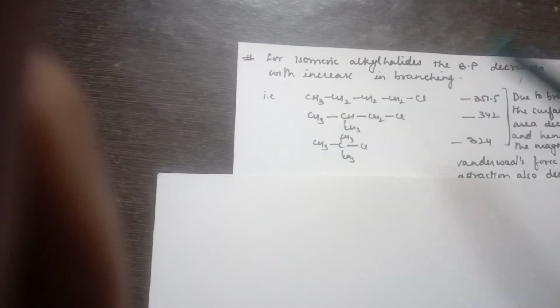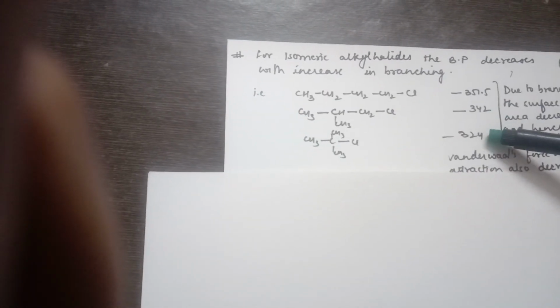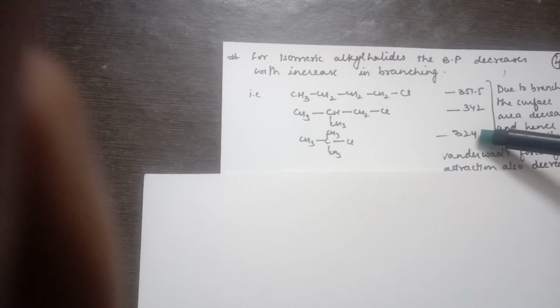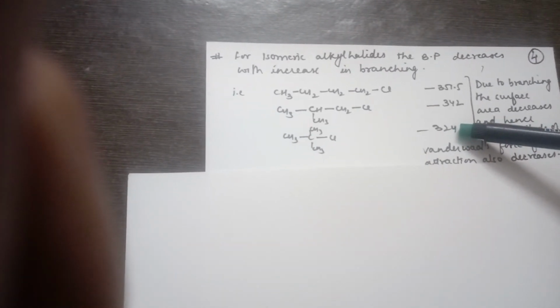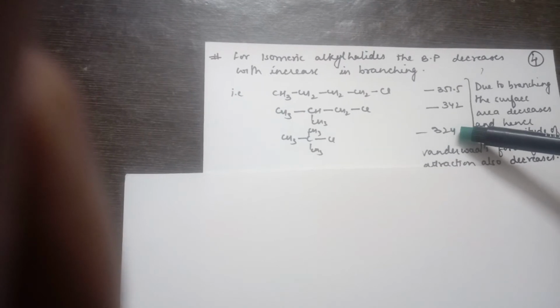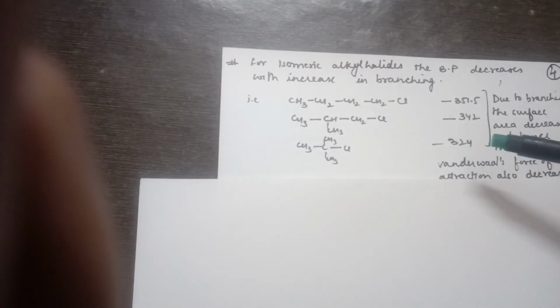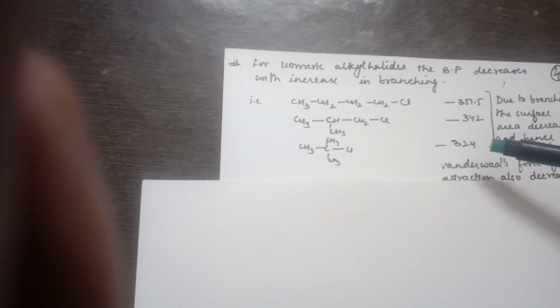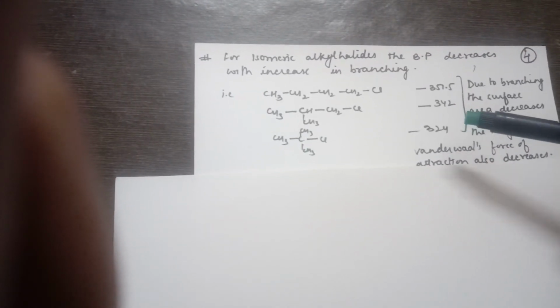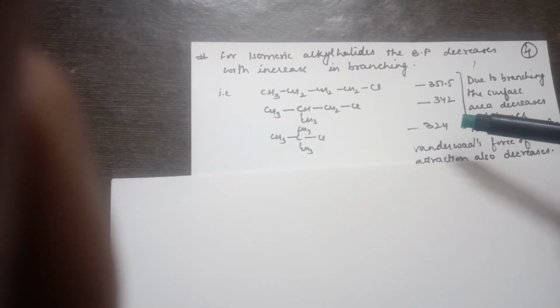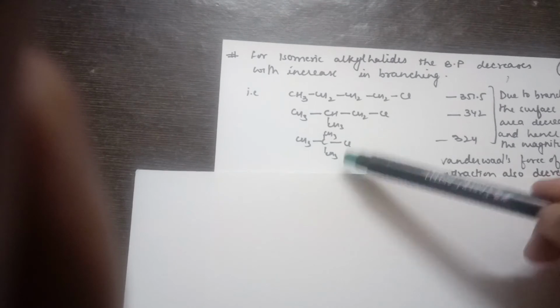If you see the boiling point variation, the boiling point is decreasing with increase in branching. Again, I'll take you back to your 11th class. This concept we have done in hydrocarbons also. In case of isomeric alkyl halides, the boiling point decreases with the increase in branching. Why?